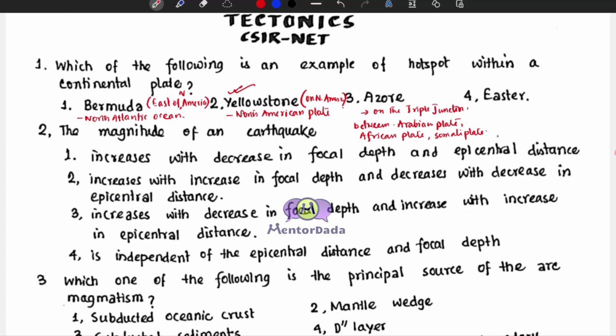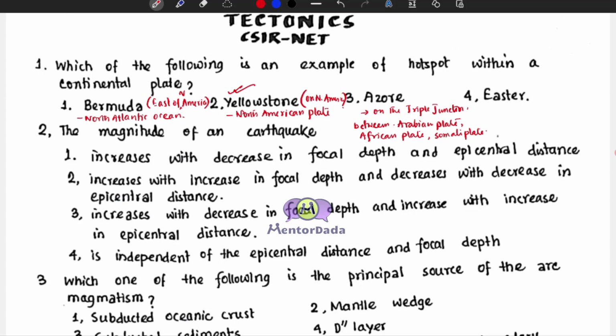And next is Easter. Easter is situated in the Pacific Ocean, towards the west of South America.